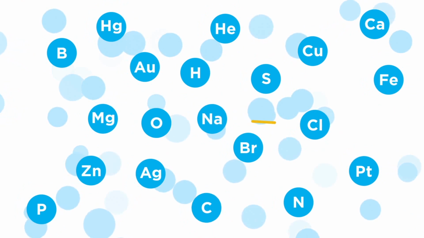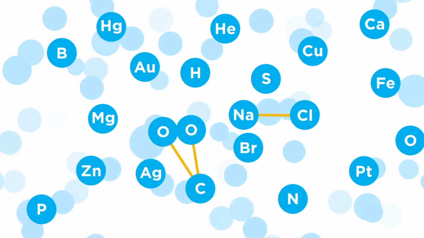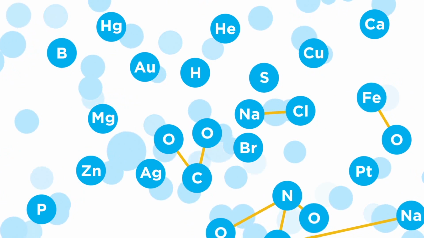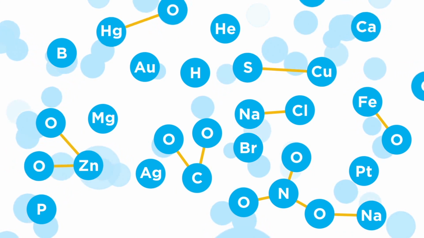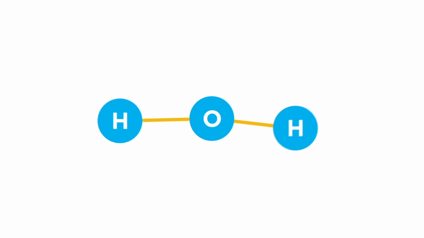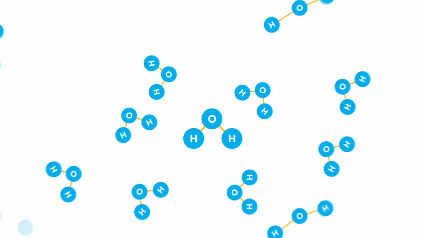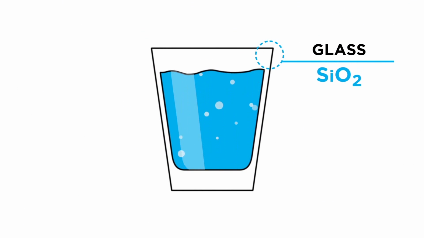The wonder of the chemical elements is that they combine with each other, and there's an almost infinite number of possible combinations that produce all the different chemical compounds needed to keep us alive and build everything around us. The water we drink, obtained by combining an oxygen atom and 2 hydrogen atoms. The glass we drink it from. The sugar in our coffee.